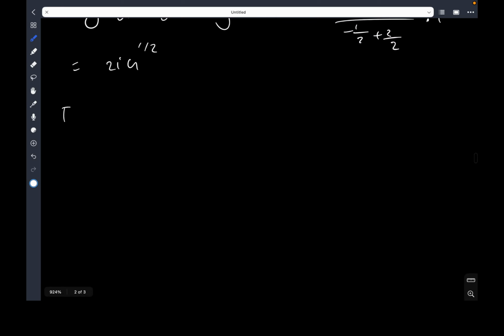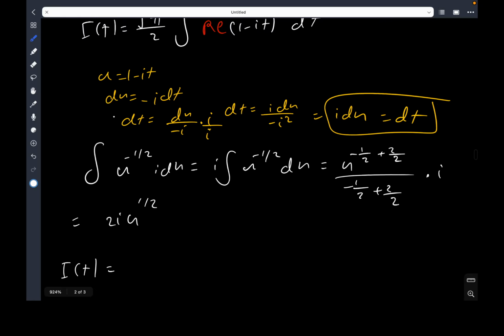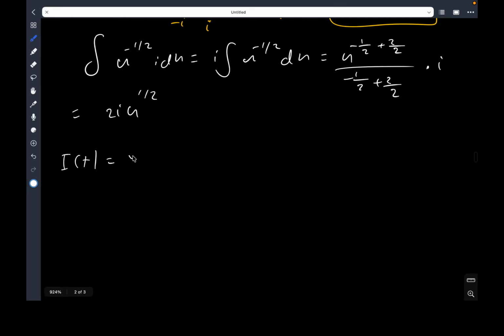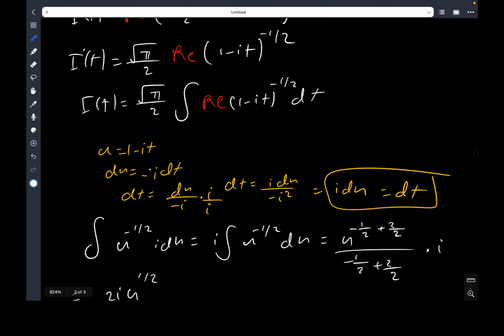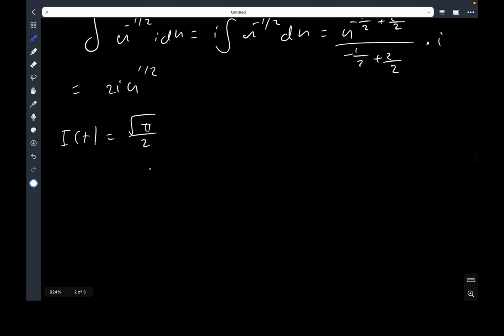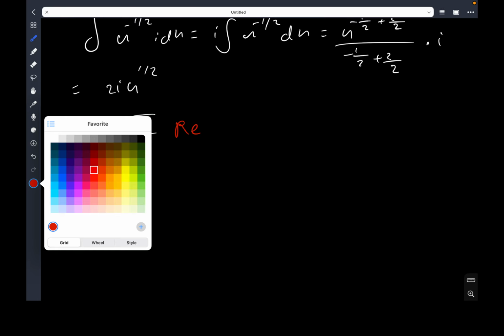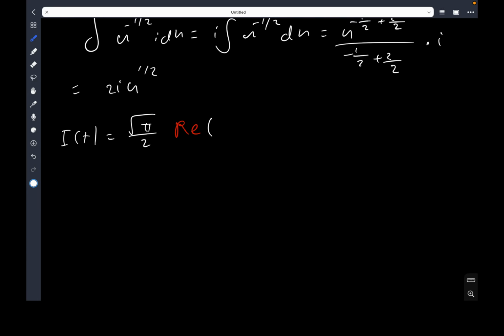When writing this integral, I of t is root pi over 2, the real part of 2i square root of 1 minus it plus some constant of integration.